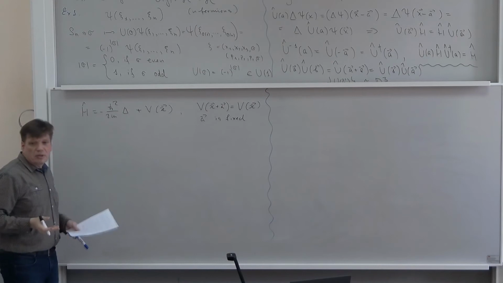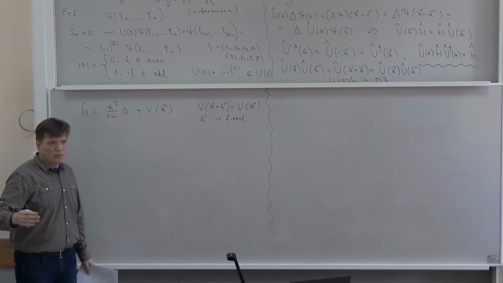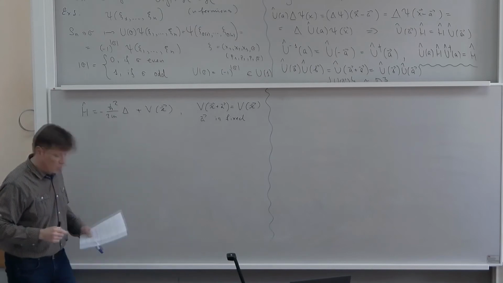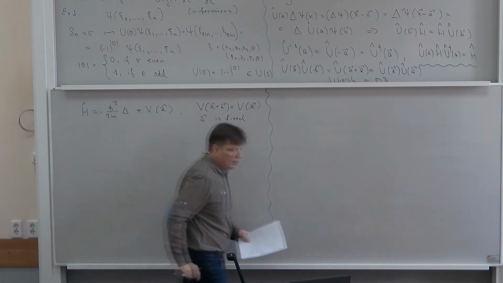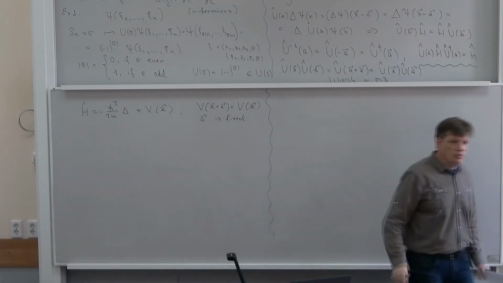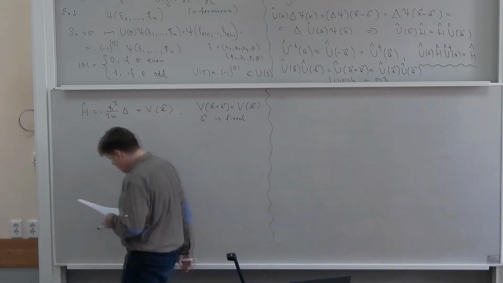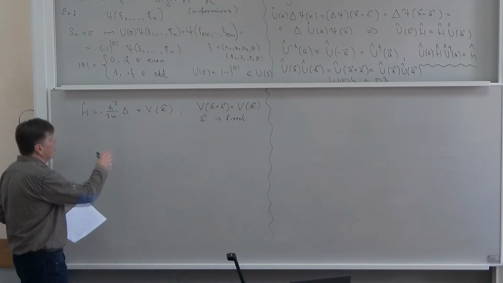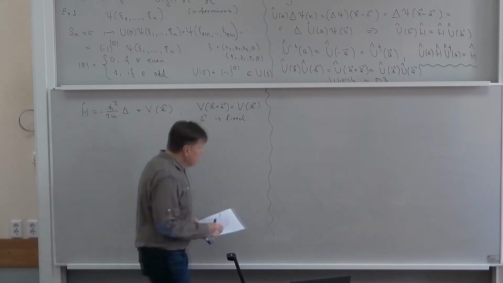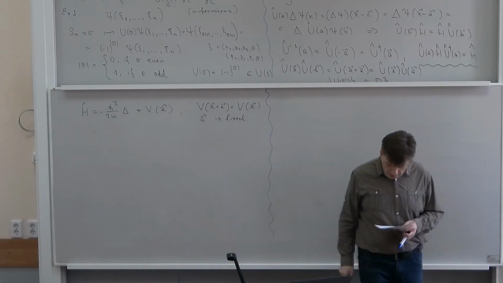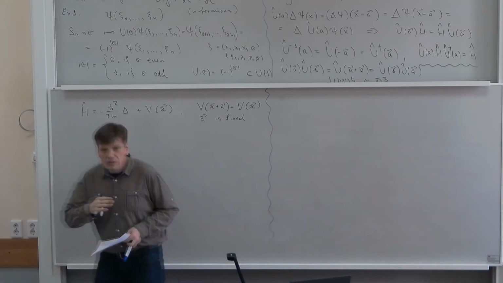A typical example of such a situation is an electron moving in a crystal, a cubic lattice, for example. And it is clear that our external potential V breaks homogeneity of the three-dimensional space. So our Hamiltonian is not invariant under arbitrary space translations anymore. The periodicity of the potential, however, implies that invariance under certain space translations still survives.